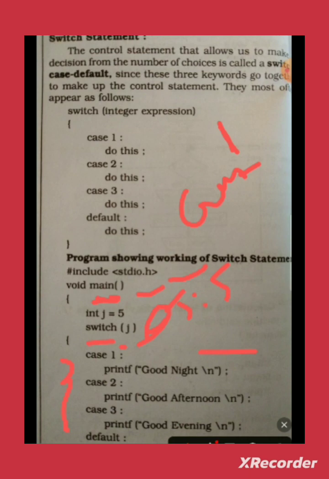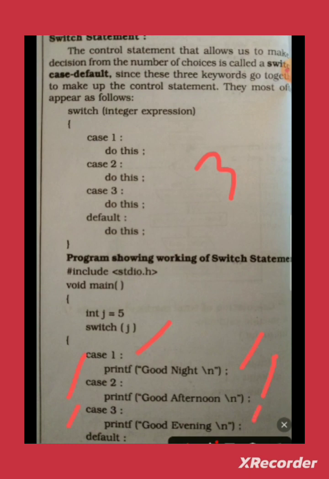If I want the user to enter number 2, then the system should display on screen good afternoon. So for that purpose I am using case 1: printf good night. Case 2: printf good afternoon. In case 3, if the user enters numeric 3, then the system should display on screen good evening.